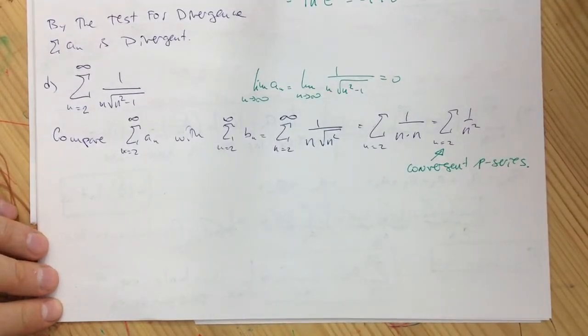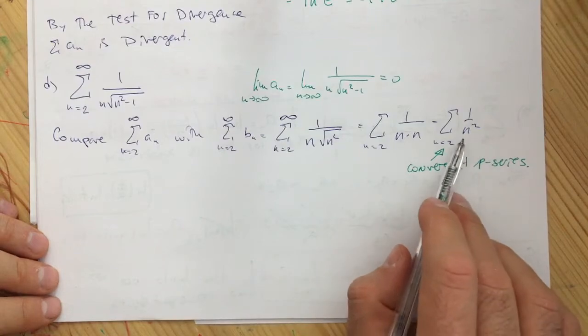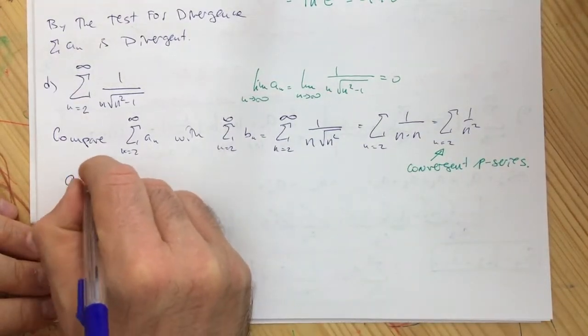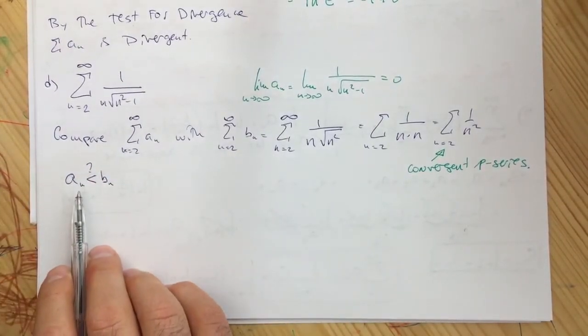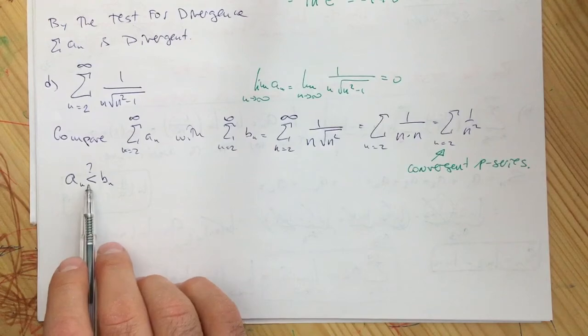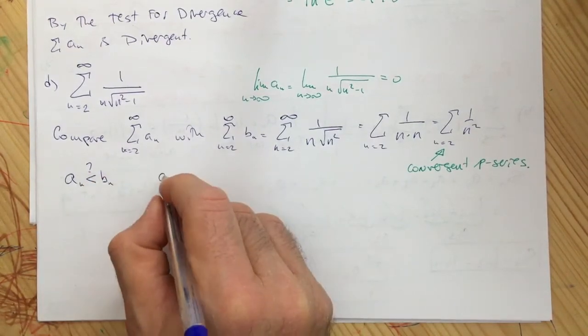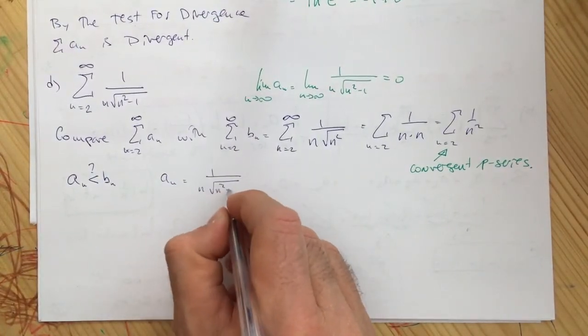Okay, so if I'm able to show that an is less than bn, then we're done. We just use the comparison test and we're done. But this actually doesn't hold here. Okay, be careful. An is 1 over n times square root of n squared minus 1.